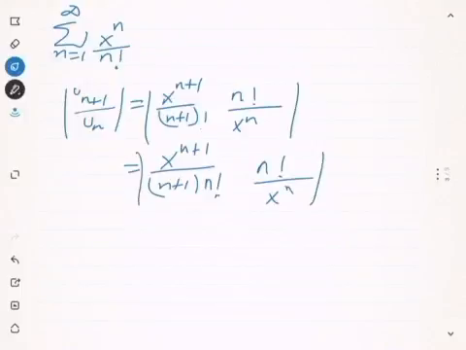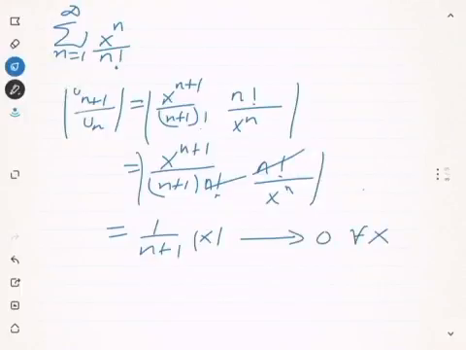The n factorial cancels, and then you just get 1 over n plus 1 times x in absolute value. And that goes to 0 no matter what x is, so for all x.